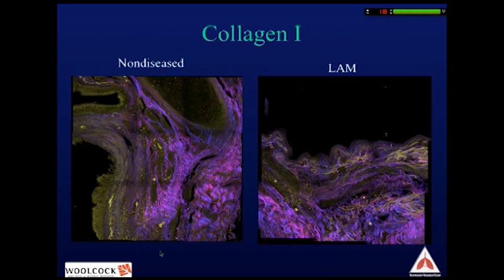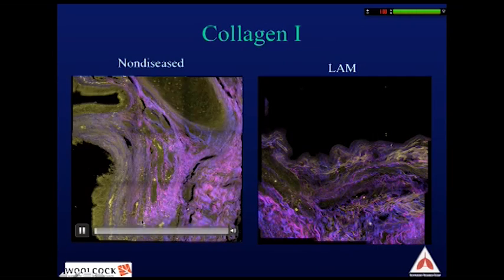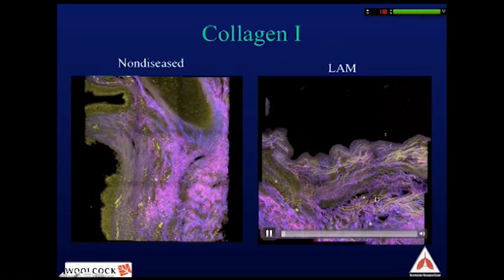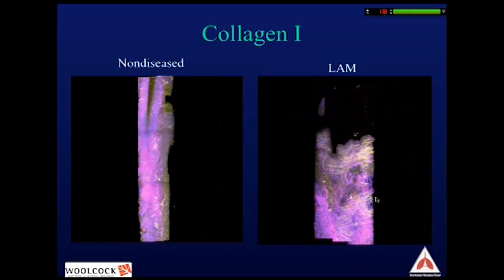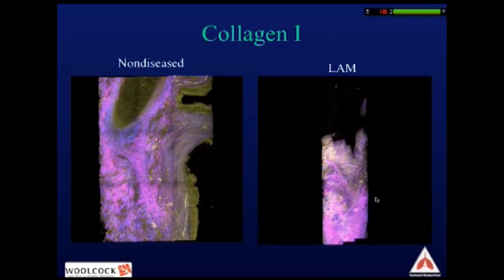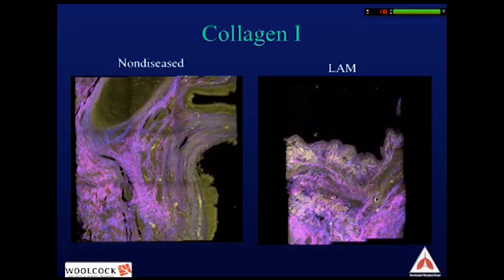So we've been interested in understanding the changes in the matrix in the LAM tissue, and we've started out by looking at collagen I. We're using a technique called second harmonic generation. This uses the natural fluorescence of the collagen to give us a fluorescent signal.